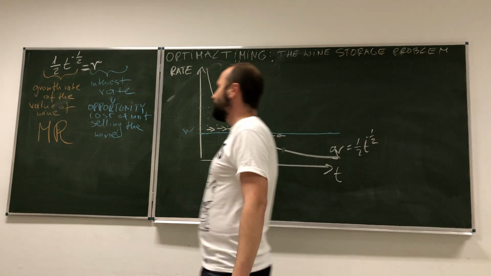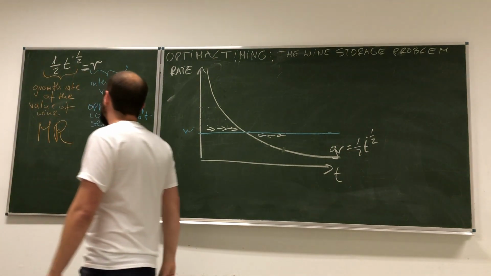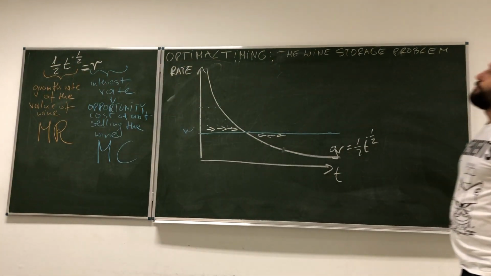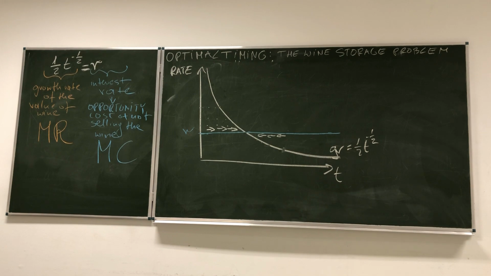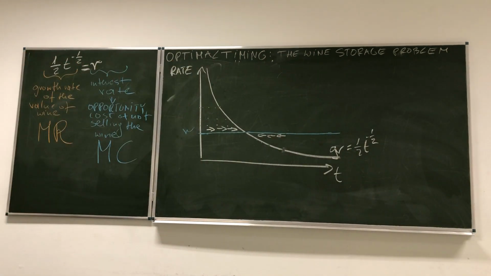So how could we call it? Marginal cost. Look, basically, what we get at the end over here is the simple condition that marginal revenue equals marginal cost. Okay, let's continue with this example because there's a little bit more we can get out of it.